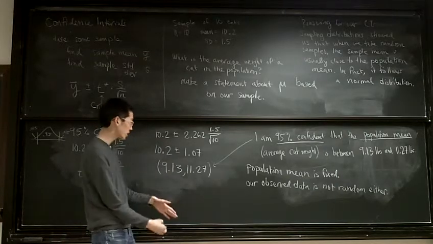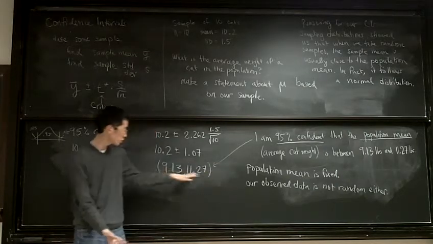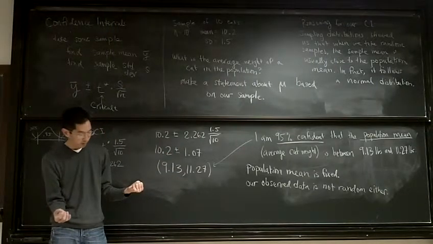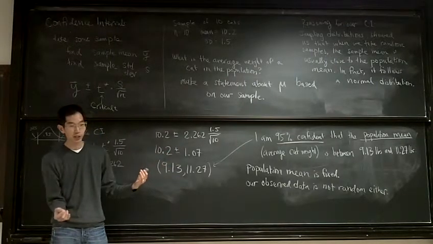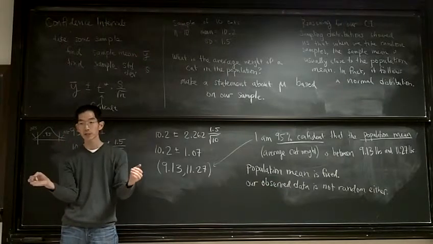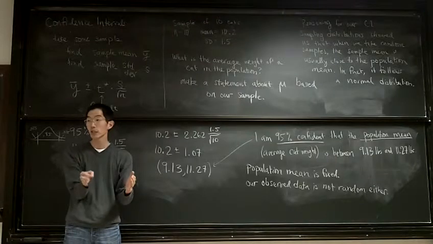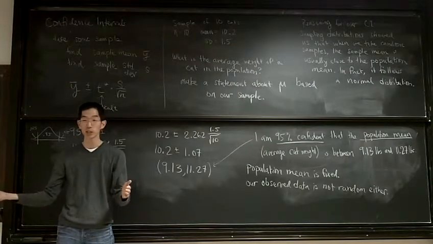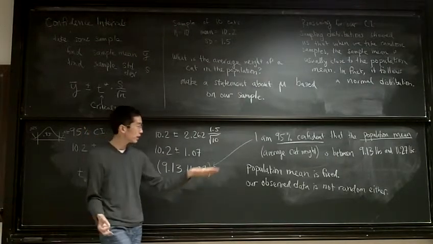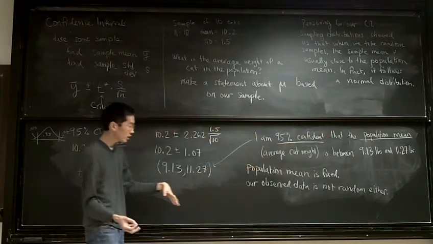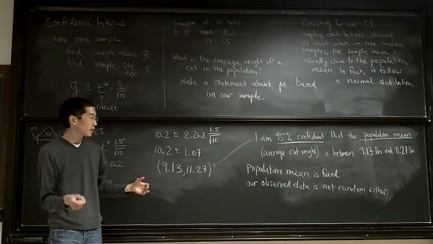Based on our sample, we create this confidence interval, but the population mean doesn't care. The population mean is either going to be contained in this interval, or it's not.